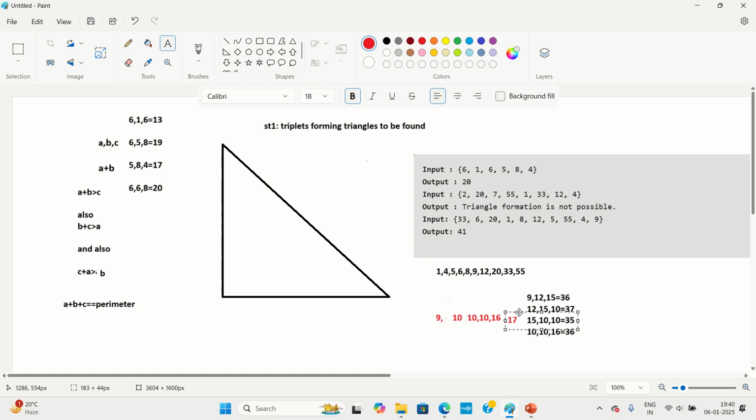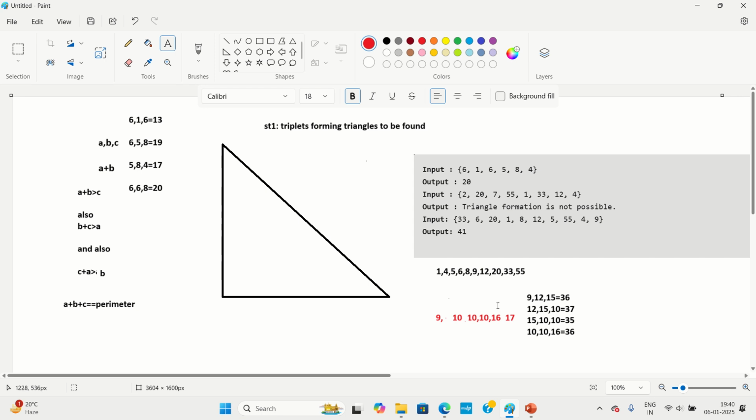Okay, and now the array is completely sorted. Now just consider these two triplets. 10 plus 10 is 20, plus 16, that is 36. And 10, 16, 17, is it forming a valid pair? Yeah, it is forming a valid pair.